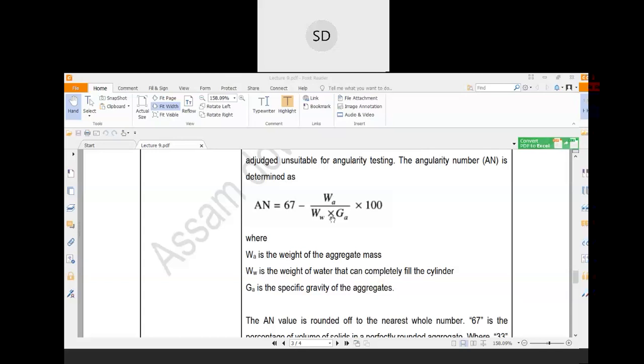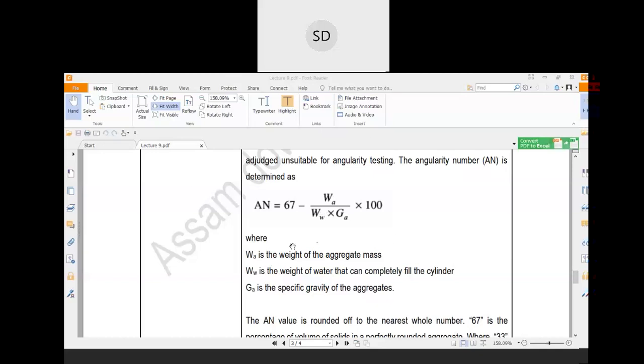Okay. Now, why this 67? 67 is basically for this reason: for a highly packed aggregate, it has been found that the maximum volume of that aggregate that can be accommodated is 67%, and the rest can be accommodated by the water.